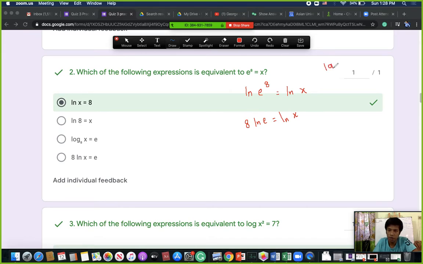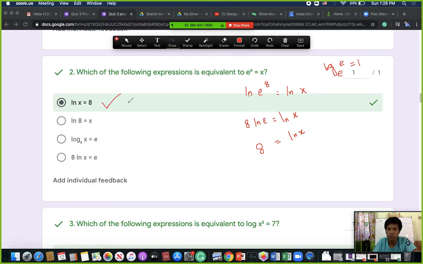Ln e means log e base. Ln means log e base, and then there is another e here. Same base and same number gives 1. This is the formula for why it is 1. Then we have 8 equal to ln x, so ln x equal to 8.